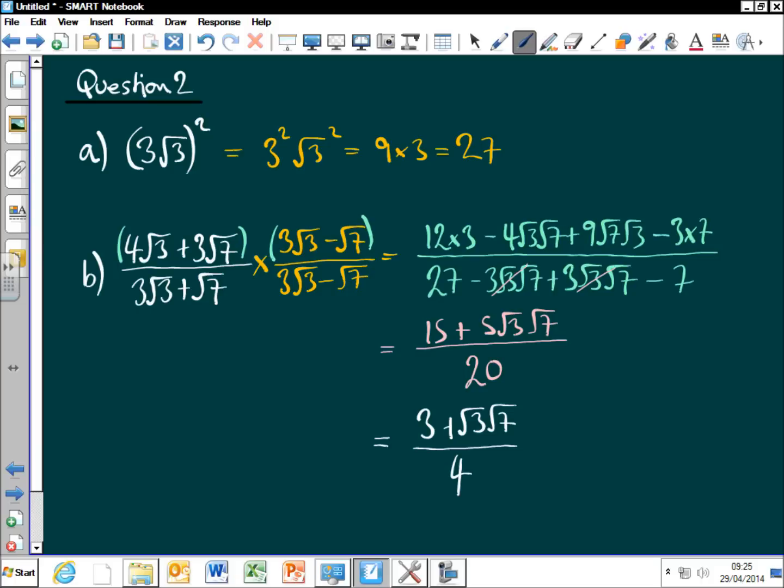Okay, and in the form that they want, they've put their surds together to give me 3 plus root 21 divided by 4. So m and n are 3 and 4, and that's question 2.